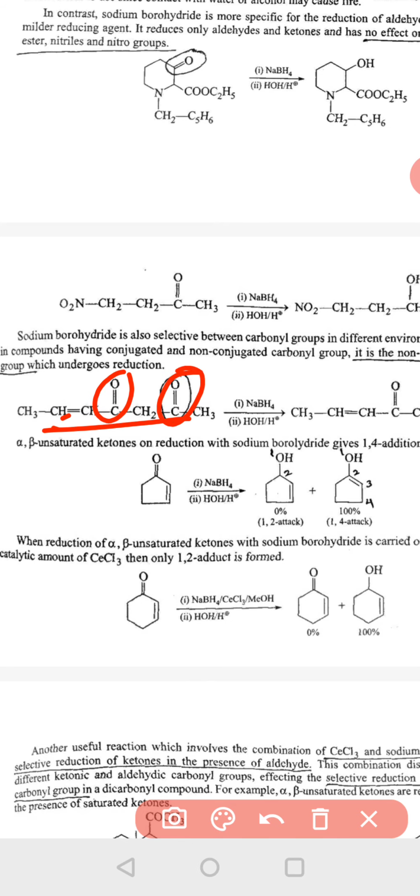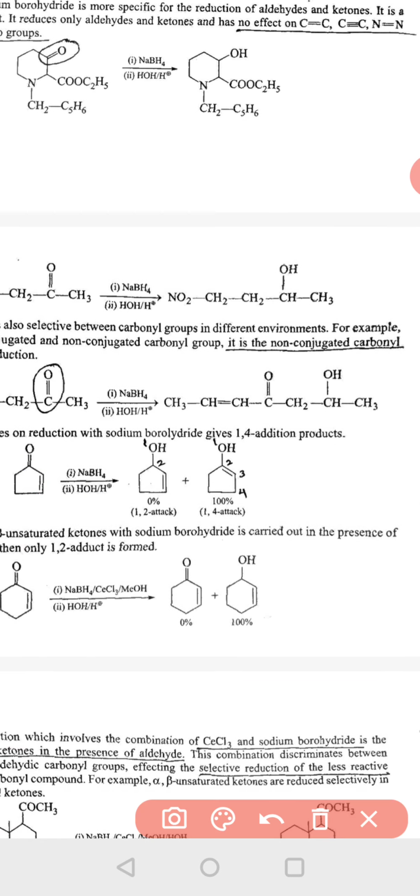So here this non-conjugated carbonyl group undergoes reduction, and we get a secondary alcohol in the product, and this conjugated carbonyl group remains as it is in the product. In the same way, alpha beta unsaturated ketones on reduction with sodium borohydride give 1,4 products instead of 1,2 product.